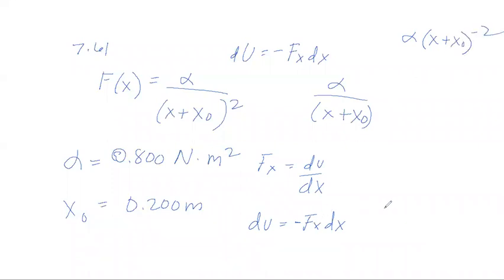Integrating that, we're going to just get alpha times x plus x0 to the negative 1. That to the negative 1, right? And that's going to be equal to alpha over x plus x0.